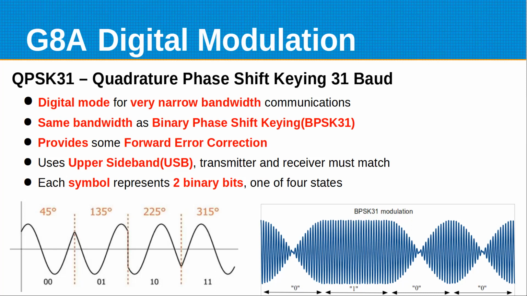In this case, you're shifting the carrier wave by 90 degrees, and they're starting off at 45. So you've got 90-degree phase shifts that represent each one of the states. This is what a binary phase shift keying envelope looks like. Not that it means a lot.